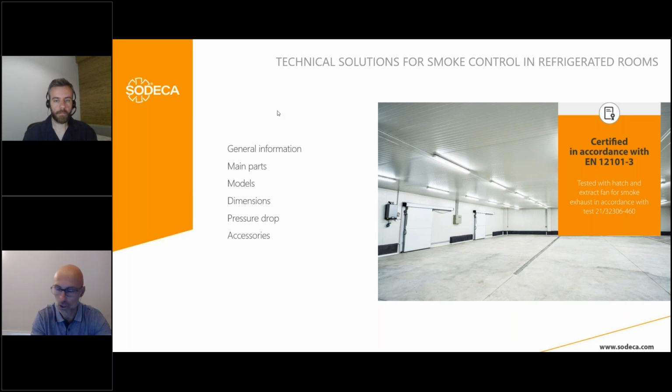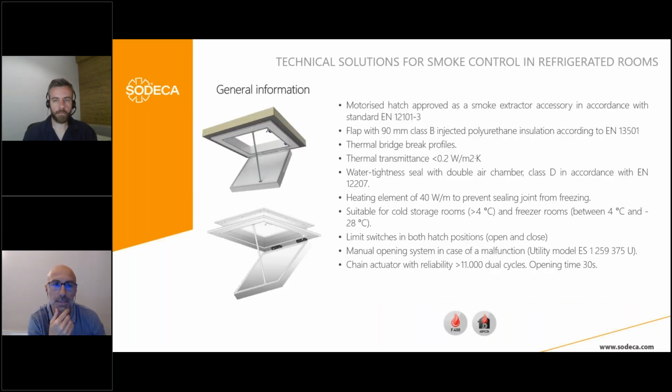And now I'm going to talk about our fridge flap damper. I'm going to talk about the general information, main parts, models, dimensions, pressure drops of these 2 models that we have, and accessories. As general information, it is a motorized hatch approved as a smoke extractor accessory in accordance with standard EN 12101 Part 3.